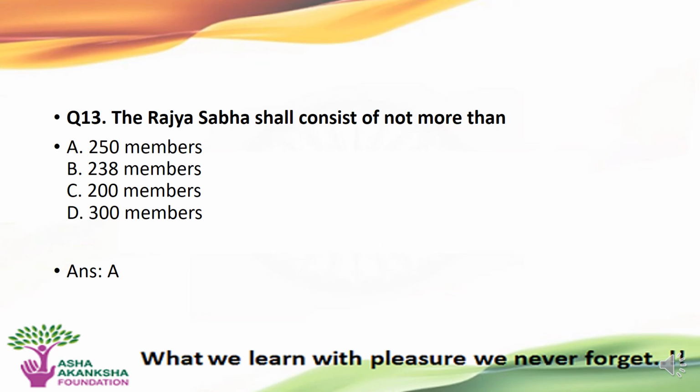The correct answer to this question is option A, that is the Rajya Sabha shall consist of not more than 250 members, in which there should be 238 members and the remaining 12 should be members from various aspects of life like culture, literature, drama, art, movies, and from various other fields.